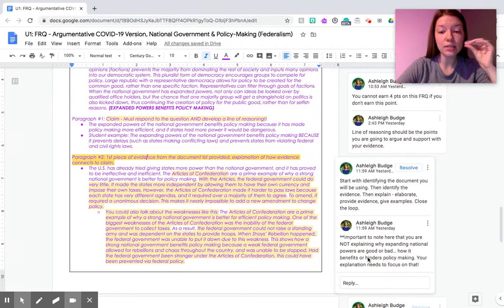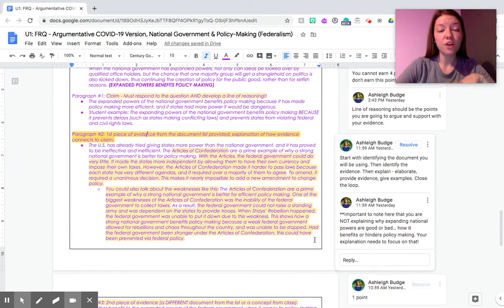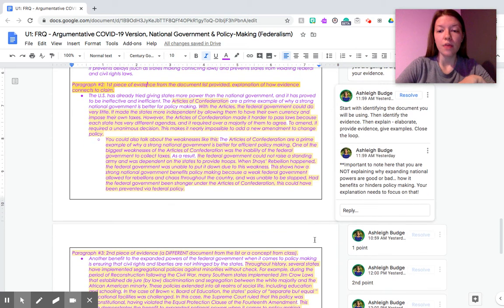One thing that I did want to note here, because as I was reading some samples, this came up quite a bit. It is very important to understand that you are not explaining why expanding national powers are good or bad. That is a different argument. You are arguing whether or not it benefits or hinders policymaking, right?